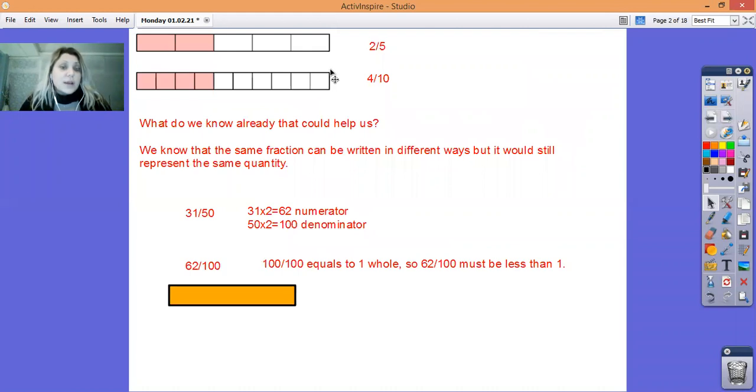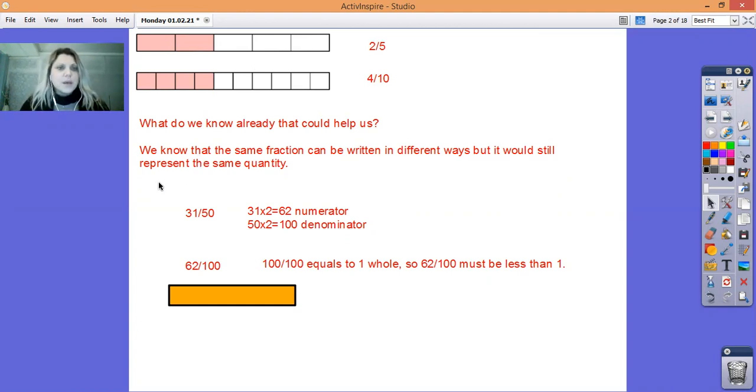What has happened is that we have split each of these into 2, so we have created double the number of sections. Realistically, we have timesed our numerator by 2, and we have timesed our denominator by 2. So the ratio between the two is the same. The relationship is the same, so our fractions are equivalent.